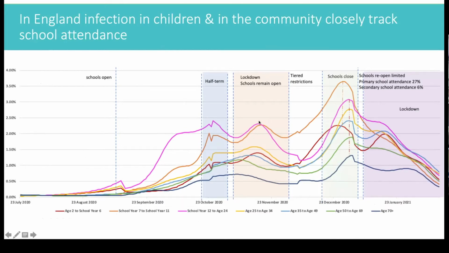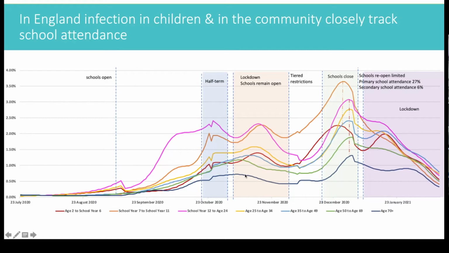And what you see is that in primary and secondary school children, that's the red and pink line, you see that infection follows very closely school openings and even half term. You see very clear dips in half term infection, not only in the children groups, but also followed by other adult groups.